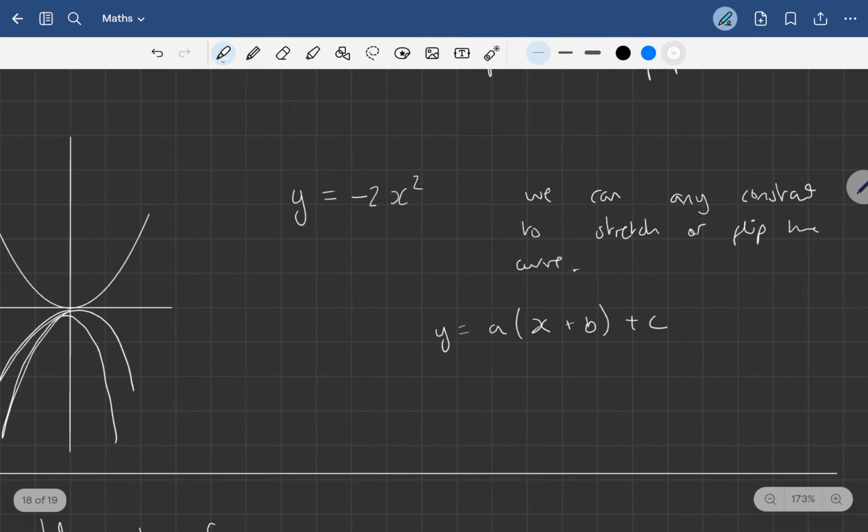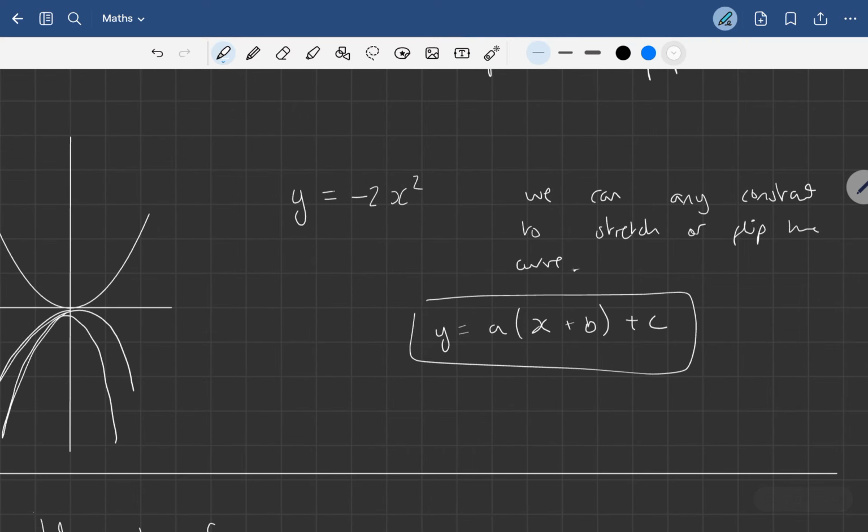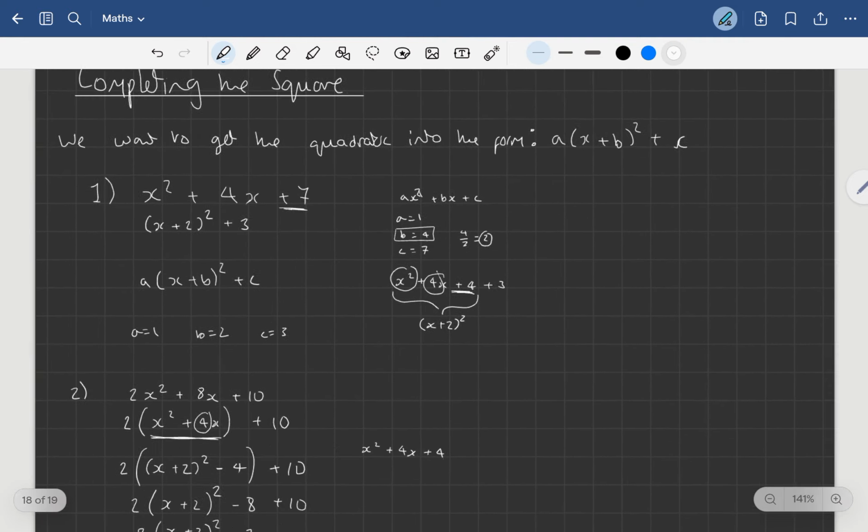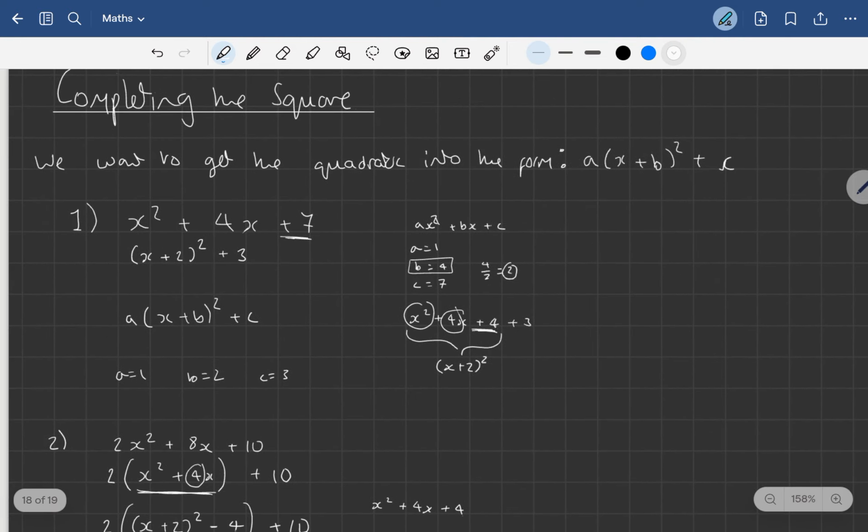And we get a form that looks a bit like this: y is equal to a(x plus b) squared plus c. Now, let's go back to our first example here. When we converted it into completed square form, we got (x plus 2) squared plus 3.